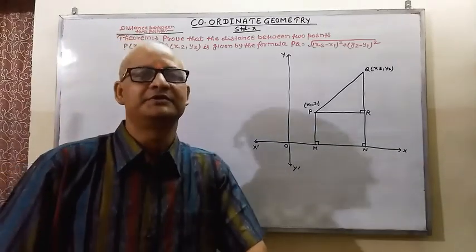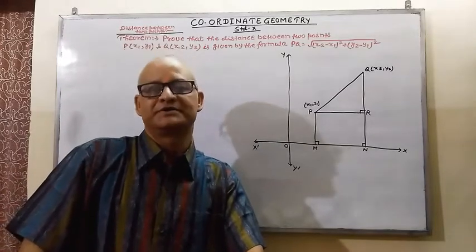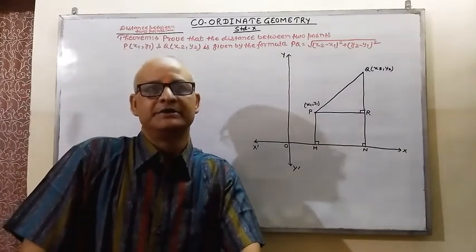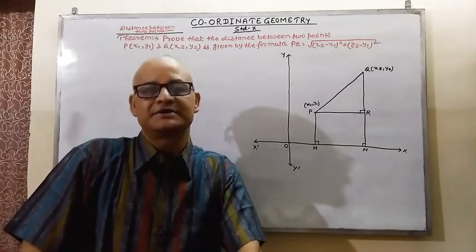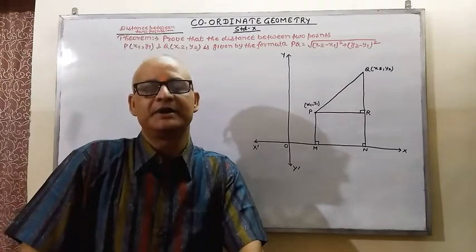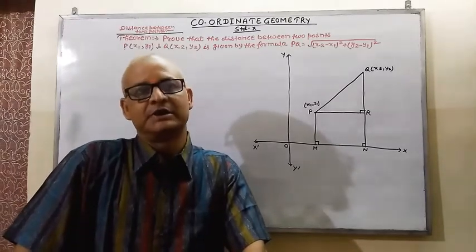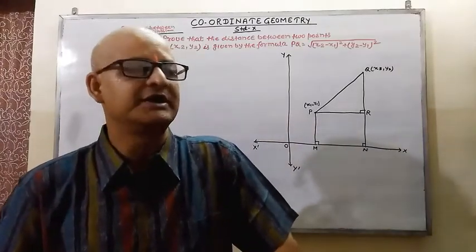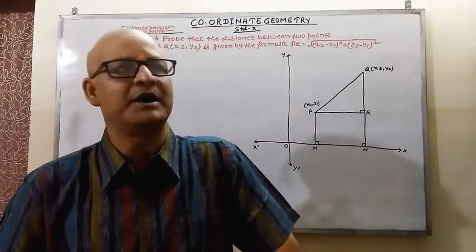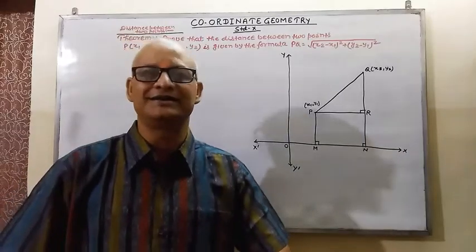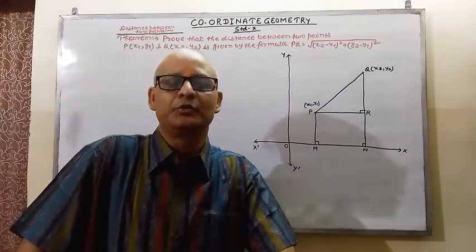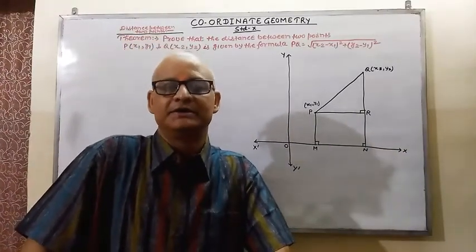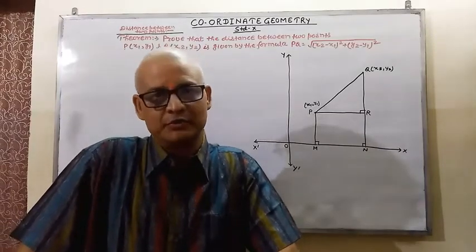Distance formula means if two points are in a plane, then what is the distance between those two given points and how to find out their distance. That is called the distance formula, by which we find the distance between two points in a plane.